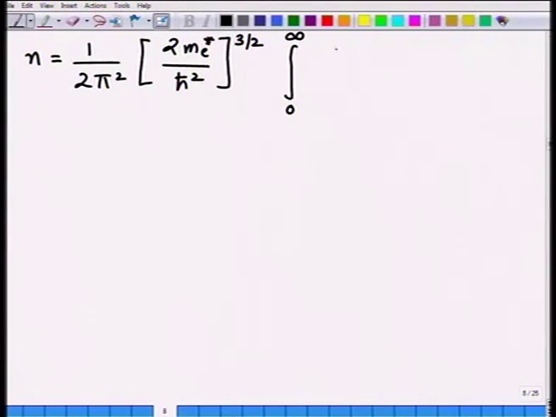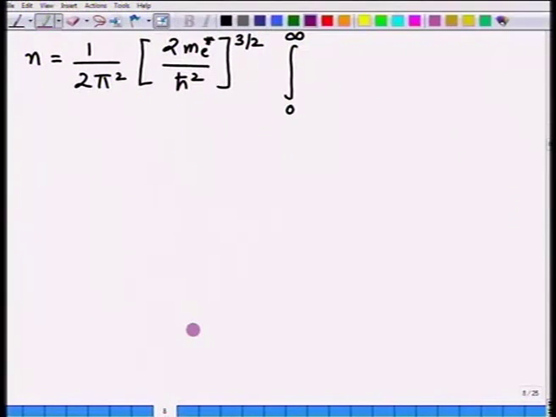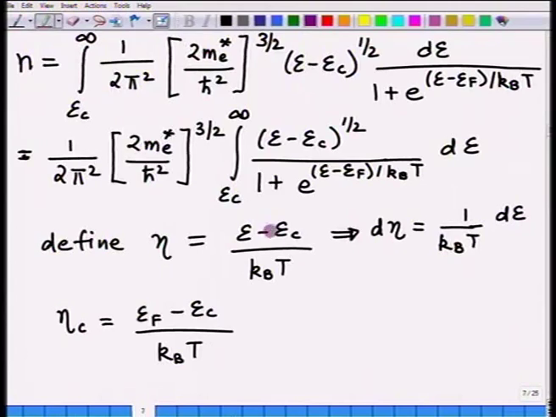Now, what is this quantity right here? I should write this as eta to power half. E minus EC is essentially equal to KBT to power half multiplied by eta to power half.